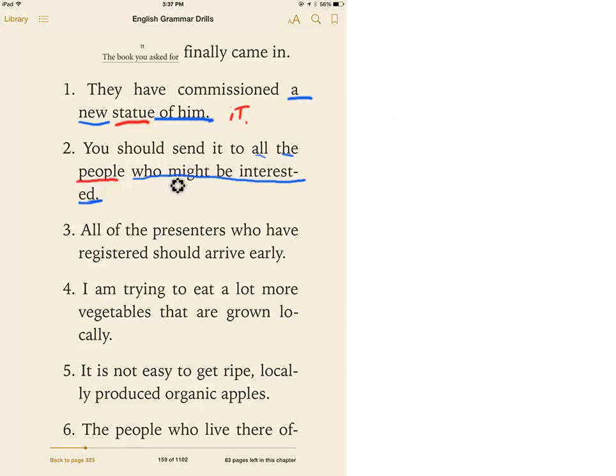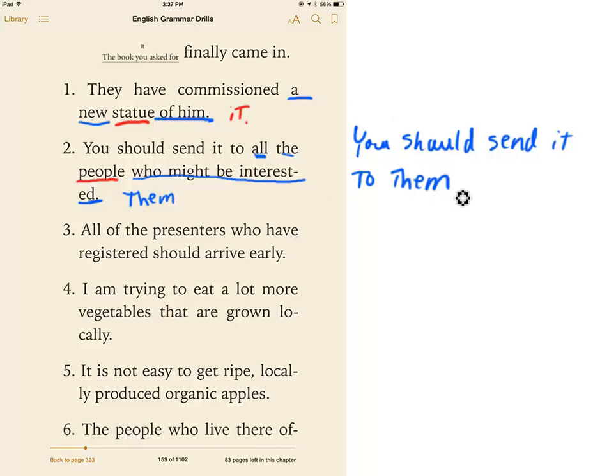So that's a post-noun modifier again. So you should send it to, and then I would write them. All these things get replaced. I would actually rewrite this: you should send it to them, period. So I've identified the noun phrase in each one of these.